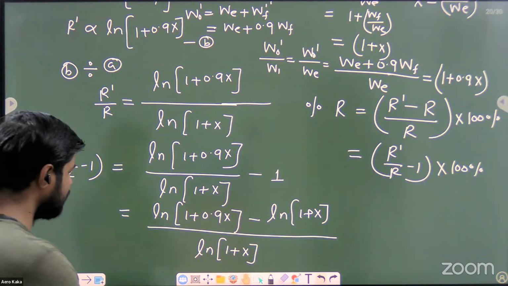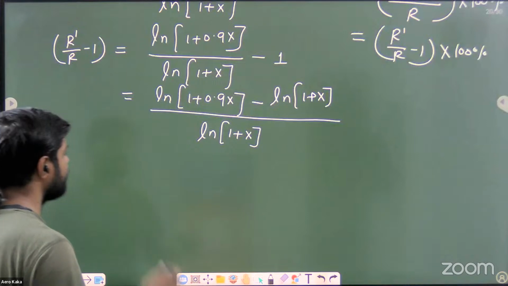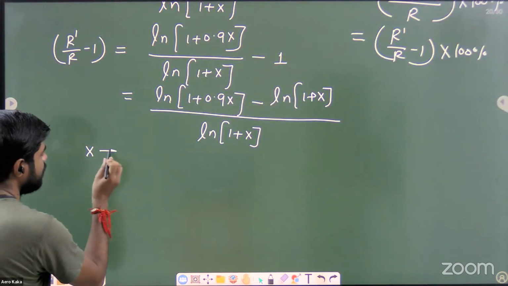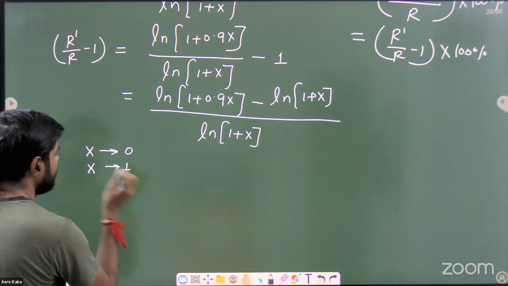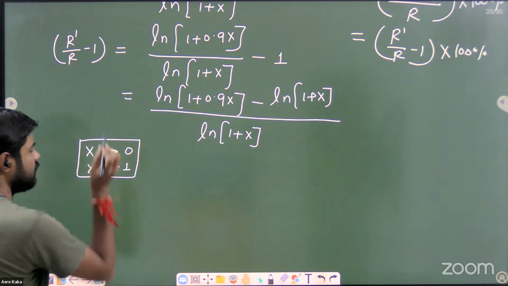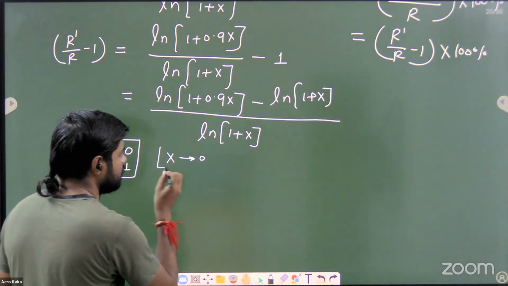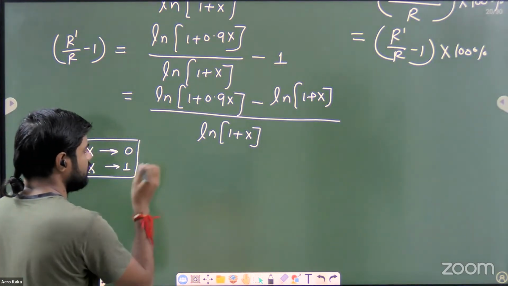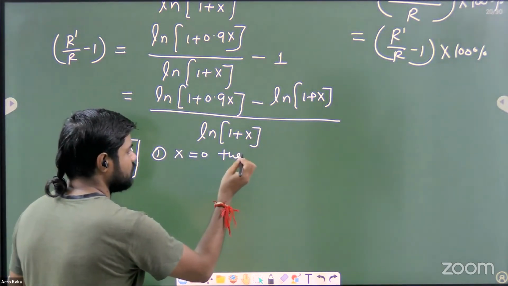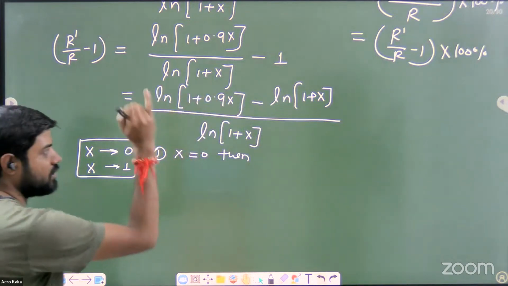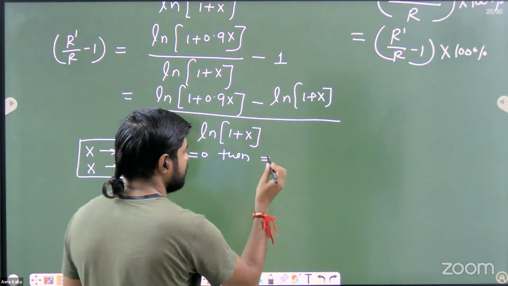So that's your final value. Now take x equal to, again we are having two extreme conditions, x tends to 0 and x tends to 1, right? Check. Let's consider case 1, where x is equal to 0. Please check whether this one is correct or not.